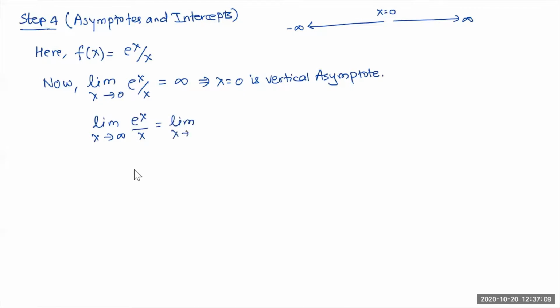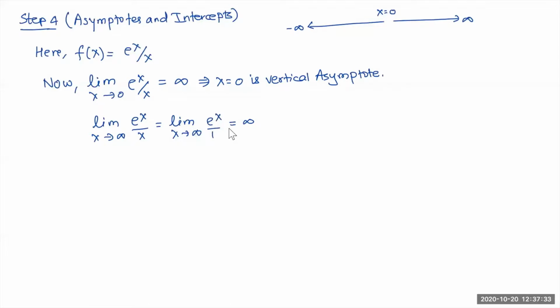Limit as x approaches infinity, we find the derivative of numerator and denominator. Derivative of the numerator, derivative of e to the x is e to the x. And derivative of the denominator, derivative of x is 1. So we are calculating the limit as x approaches infinity of e to the x over 1. If you plug in infinity, e to the infinity is infinity.